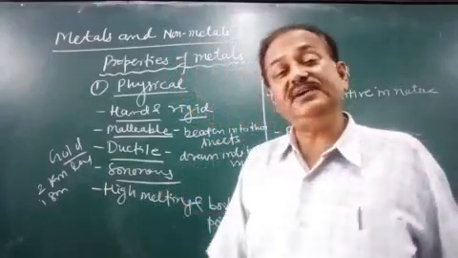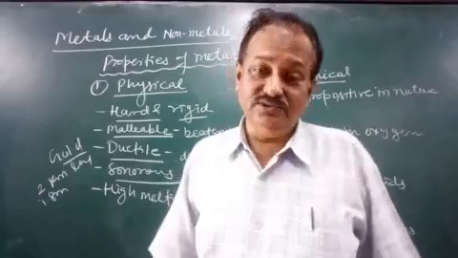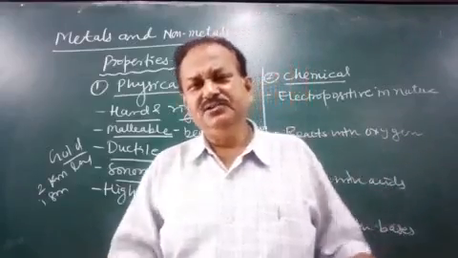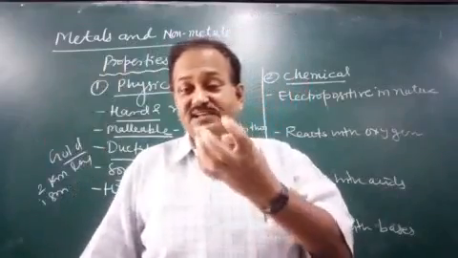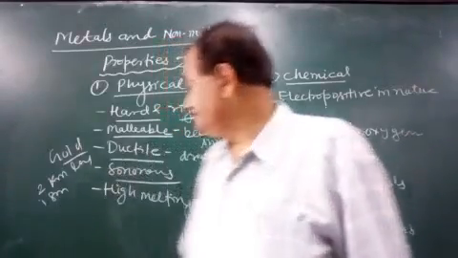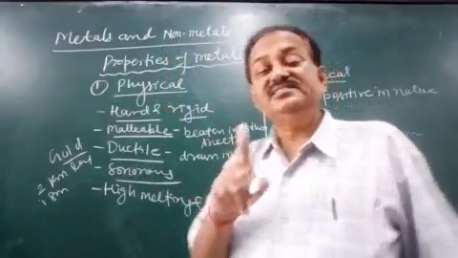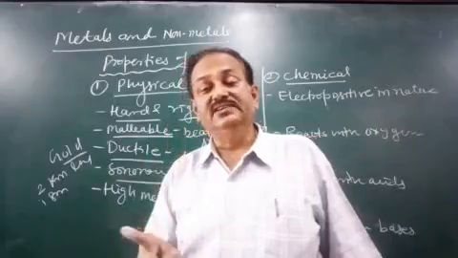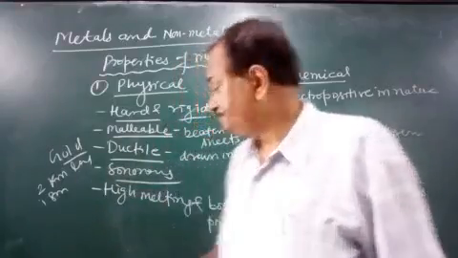So sonorous may be defined as when a metal produces sound on hammering. You might have noticed in our homes, whenever any utensil falls down, there is a sweet sound, and this is sonorous. So the ability to produce sweet sound on striking is called sonorous, and this property is called sonorosity.